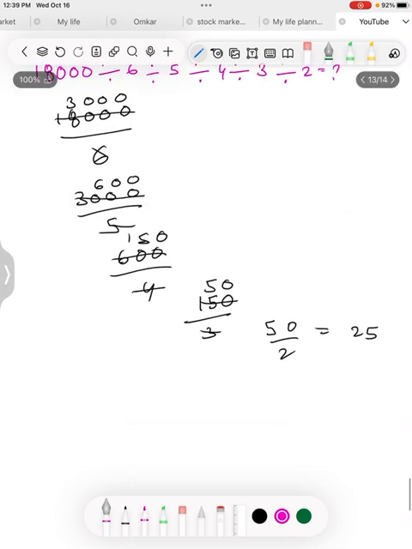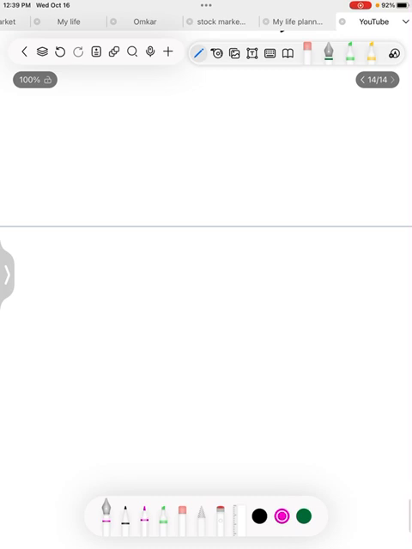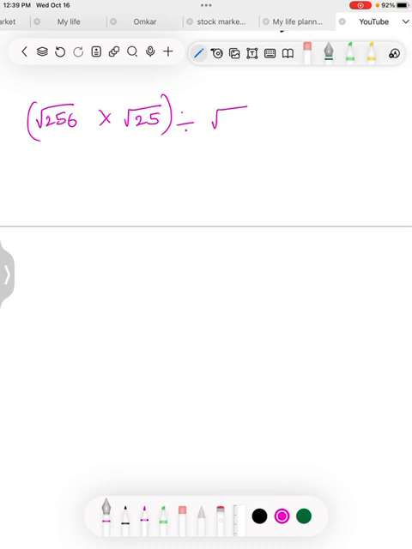So here you can see root of 256 into root of 25 divided by root 16 is equal to question mark, right? So how to solve this question, tell me?